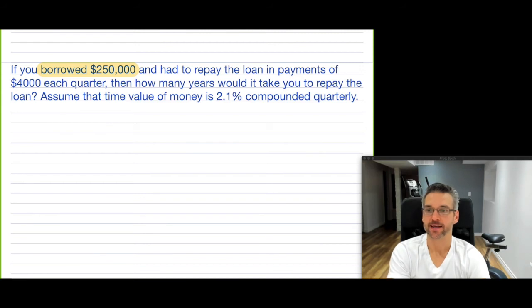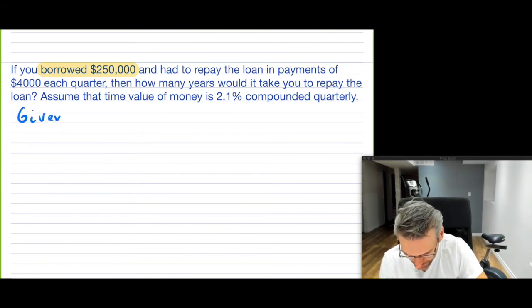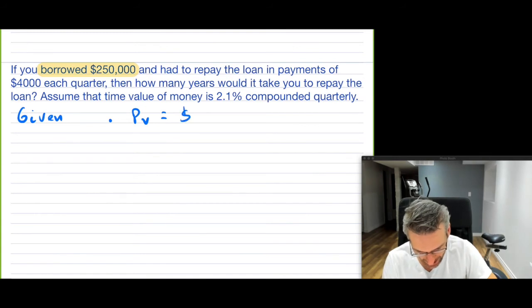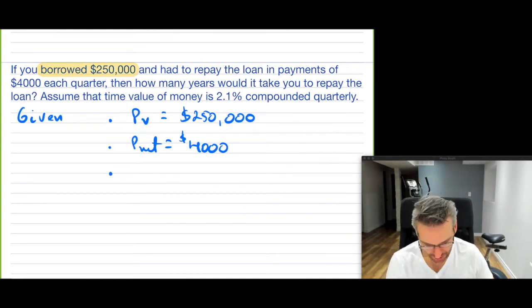All right, so now let's write these down. Here are my givens. I know my present value, so that is 250,000. I know my payments, so my payments are $4,000. They're asking me for how many years.